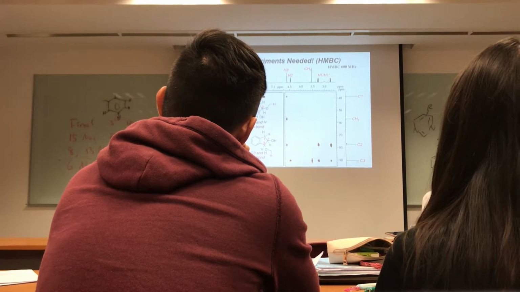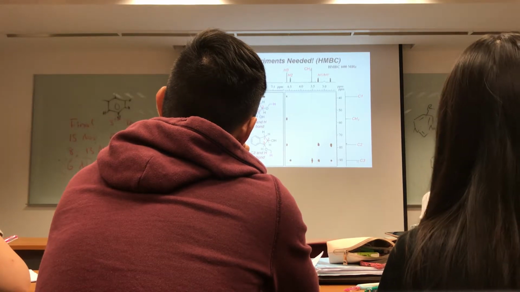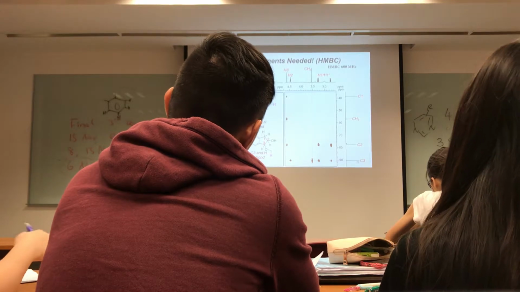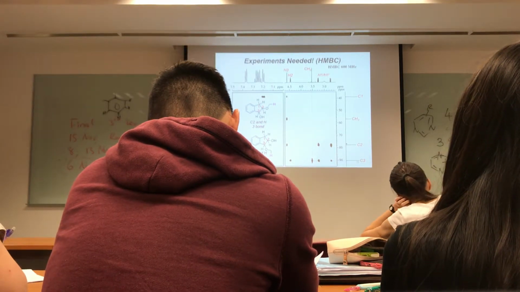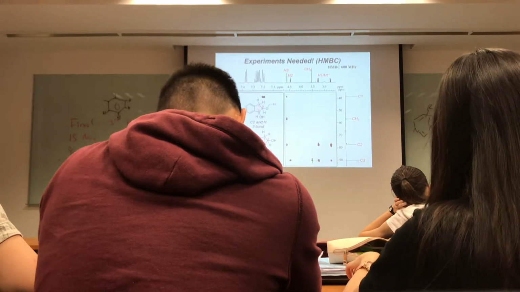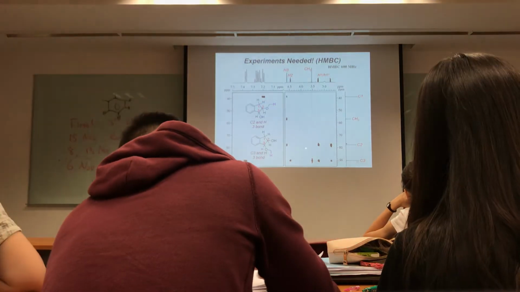Here is the HMBC. Methyl group is here. You just draw one line down. Methyl, one line down. You will see methyl proton and carbon 3 have a correlation here. Very clearly, with carbon 3, they have correlation. With carbon 2, they don't have any correlation.